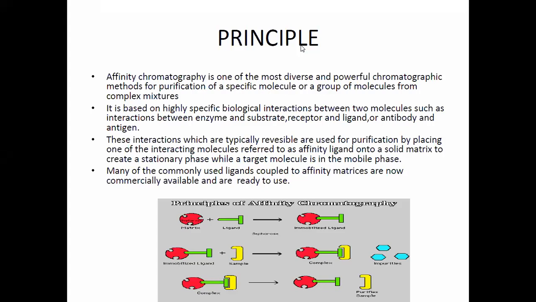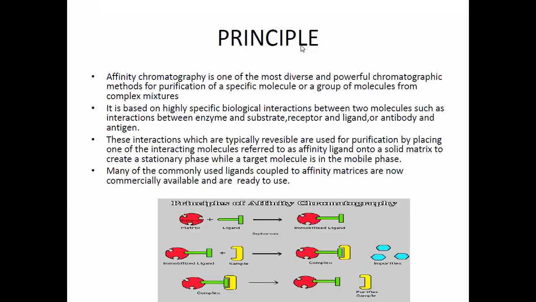The target molecule is in the mobile phase, and as the mobile phase passes through the stationary phase, interactions take place, just like antigen-antibody reactions. The targeted molecules bind with the ligand, and the other molecules are eluted out. This is the very simple procedure behind separation by affinity chromatography.